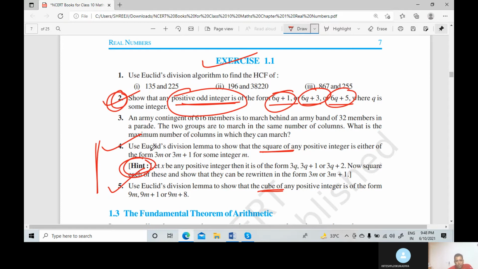Look at the question: use Euclid's division lemma to show that the square of any positive integer is either of the form 3m or 3m plus 1 for some integer m. And the fifth one, only the power changes, in the form 9m, 9m plus 1 or 9m plus 8. Now we calculate, using the hint.